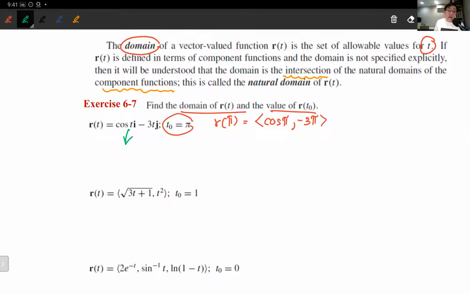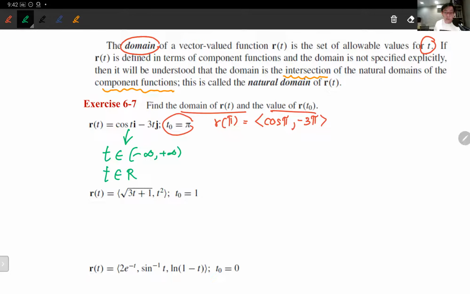What are the allowable values of t? And when you look at this one, it's just cosine of t. So there's no restriction on t. So the possibility of t over here is just everywhere. With me? T is just a member of the real numbers. Or you can say it's just real numbers if you want. That is fine too.